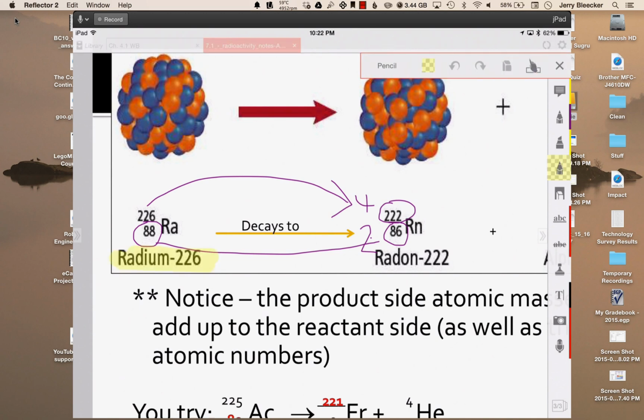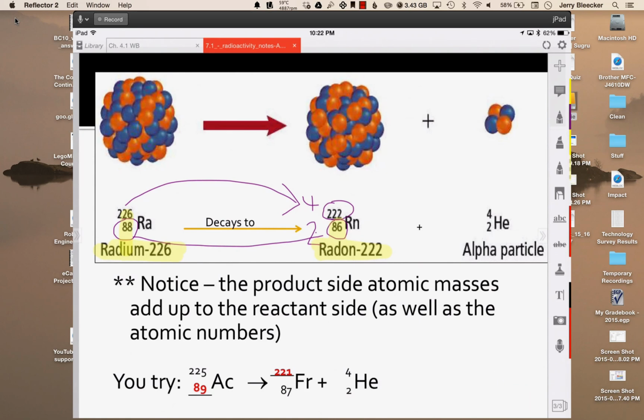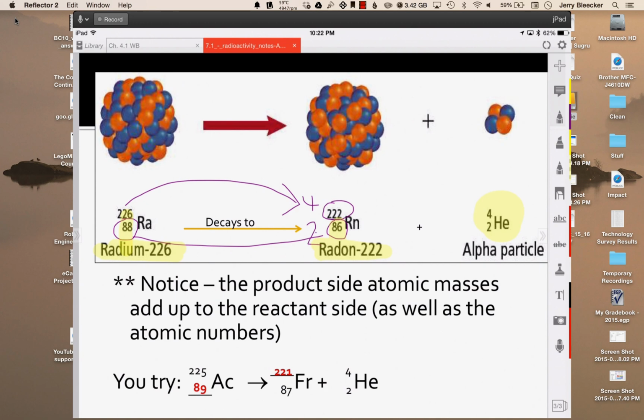Heavens no. See, now we're radon 222 because radon is element 86 on the periodic table, where this thing used to be element 88. And why might that be? Because here's the missing chunk over here. Here is your alpha particle. So this obeys the law of conservation of mass. You haven't lost anything. Nothing at all.